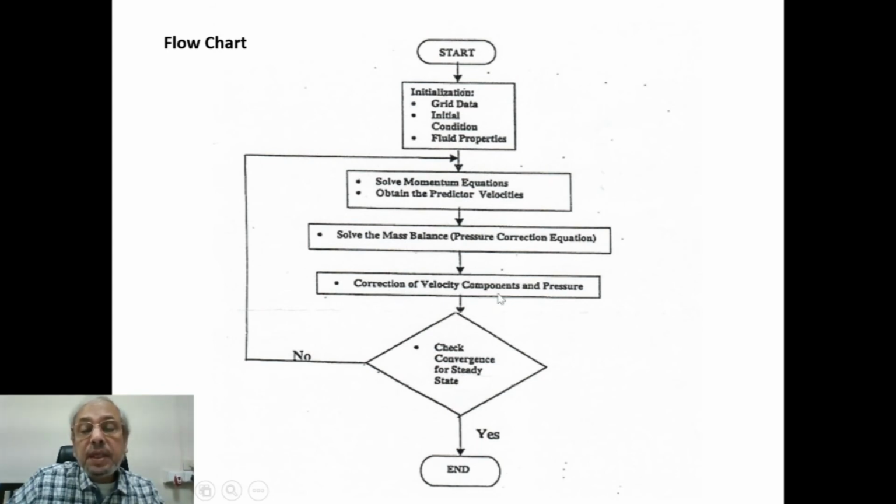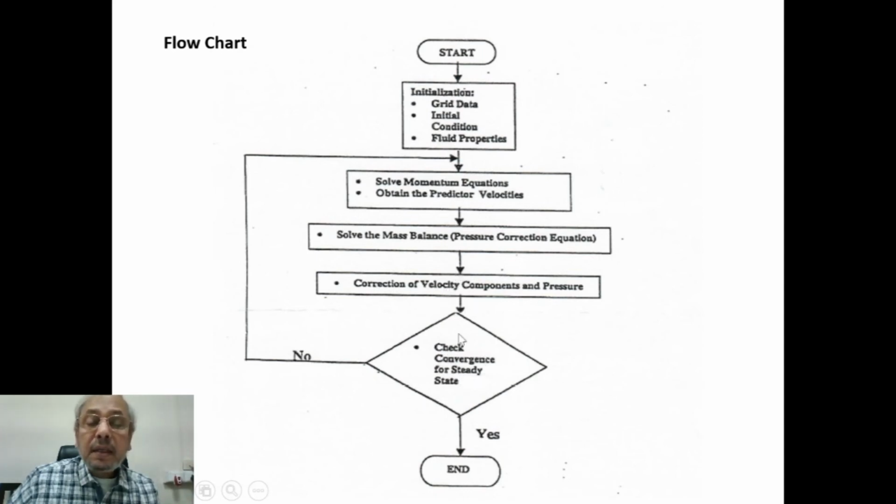So basically there is a loop here. Like an outer loop, there is an inner loop, and we have to keep on correcting velocity and pressure till zero mass divergence, which we indicated by equation 44, is evolved, and then we progress from level n to n+1.